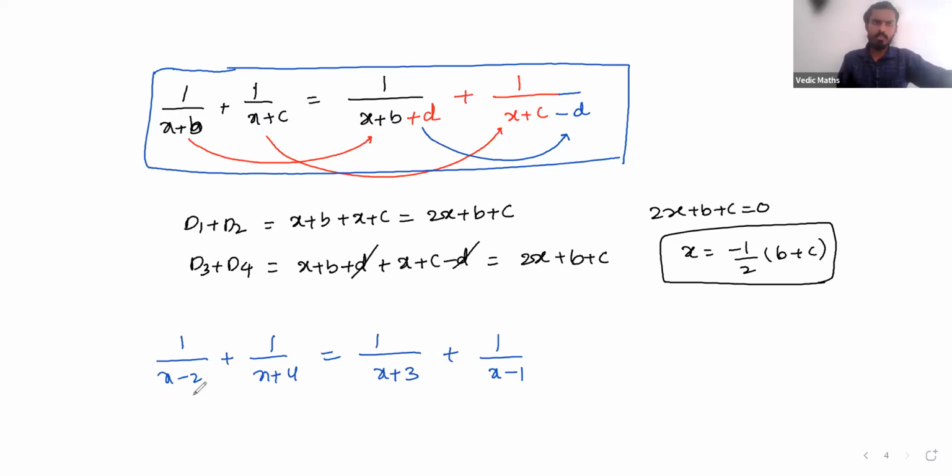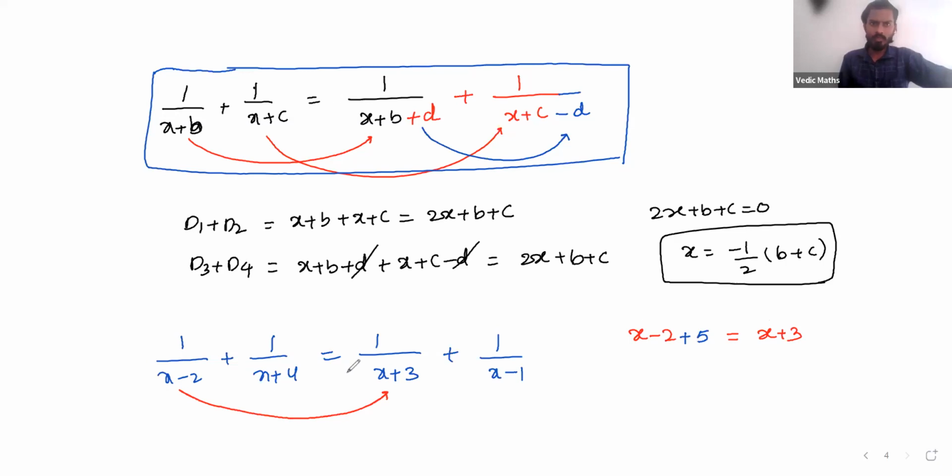See the first fraction, and we are adding something extra to it. We have x minus 2; if you add something to that, you get x plus 2. Then how much do we have to add here? That is plus 5. Am I right?